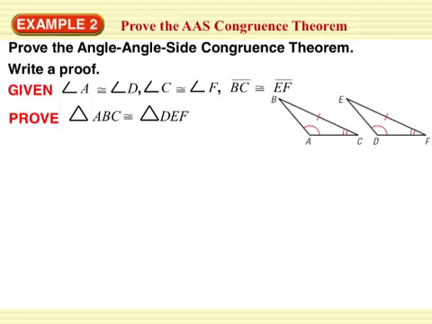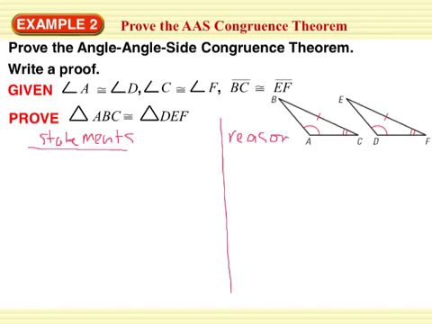Example 2. Prove the angle-angle side congruence theorem. So we're going to write a proof. We have lots of stuff given, and we need to prove that the two triangles are congruent. So let's work on that. I have statements and reasons. Okay, first we write down all the given.